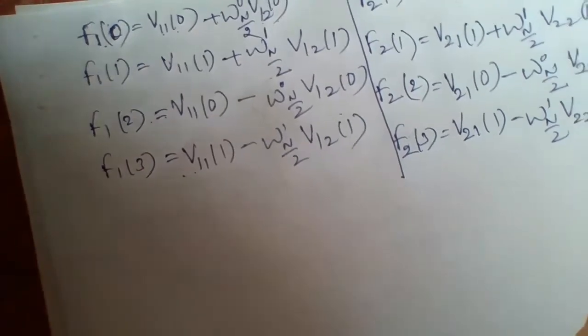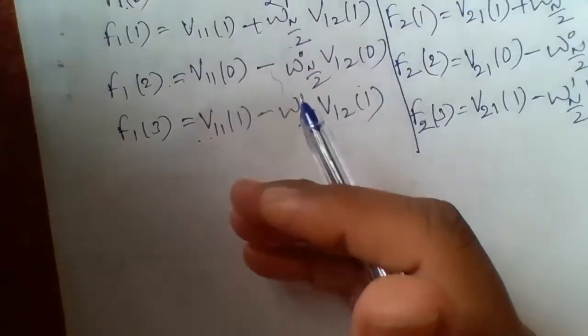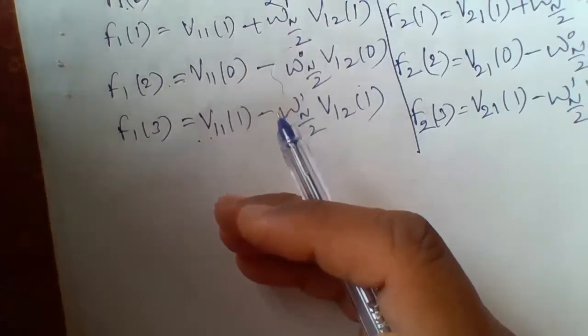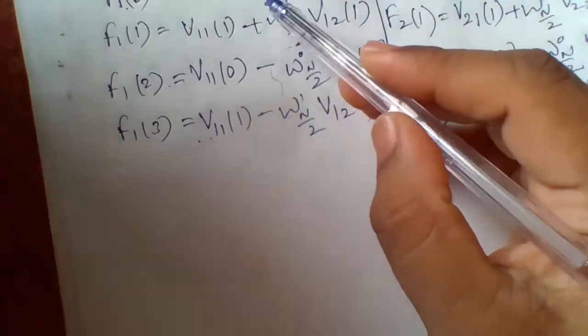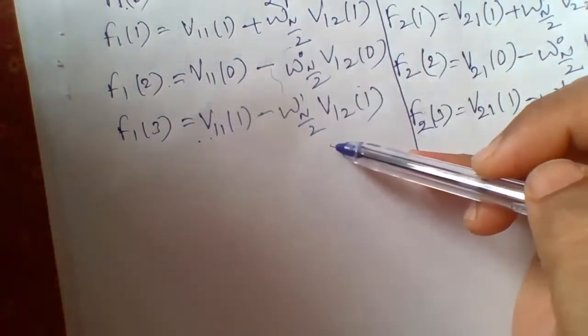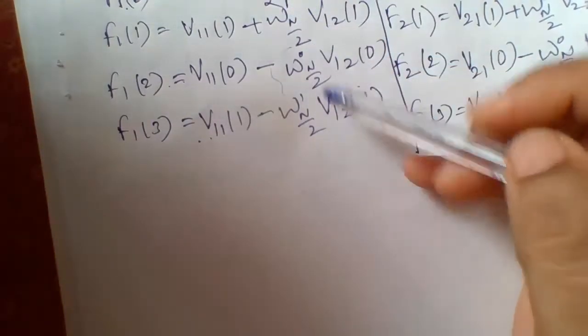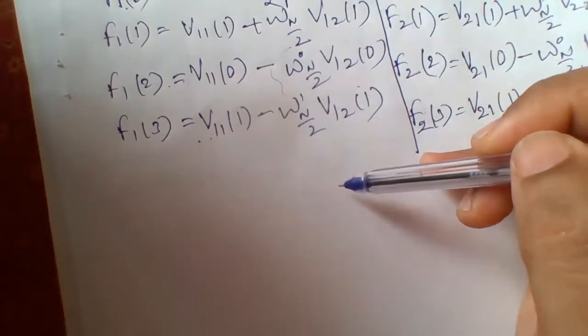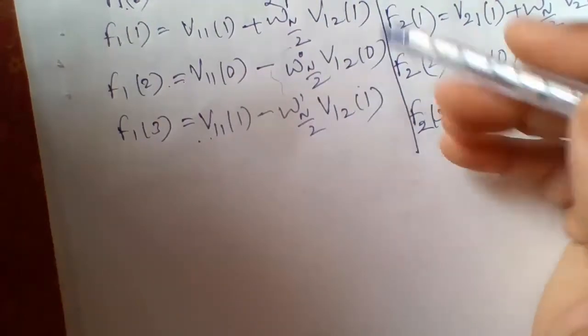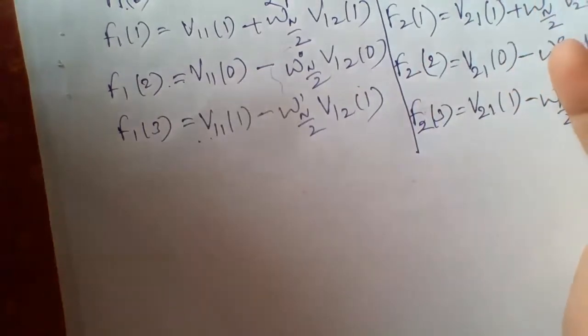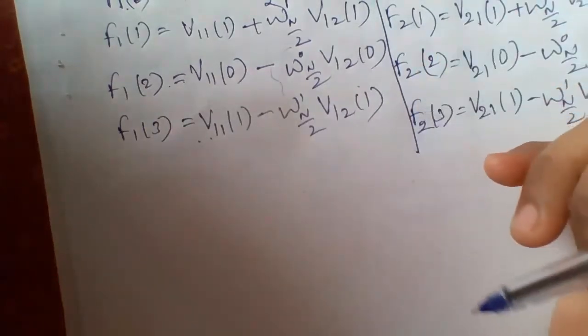To draw the signal flow graphs, the inputs to the second stage are the outputs of the first stage. The outputs from the first stage are all the V11, V12, V21 and V22 values, and the outputs of the second stage will be all the F1 and F2 values.